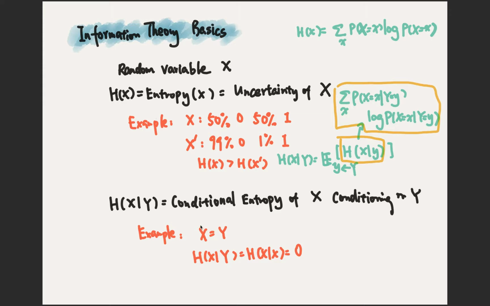If x is always equal to y, then conditioning on y, you also know x as well. In this case, there is no uncertainty, and the conditional entropy of x conditioning on x is always 0, which is the lowest. I still put the formula here, but it is not important. You just need to understand the intuition.